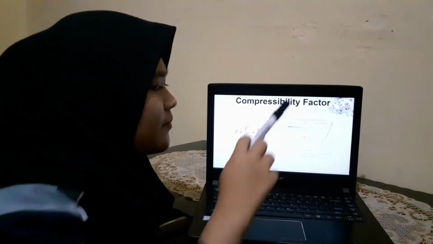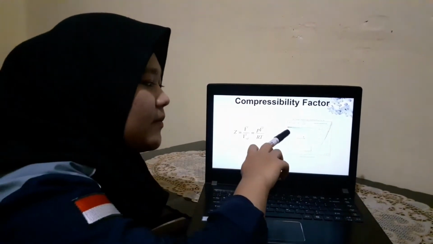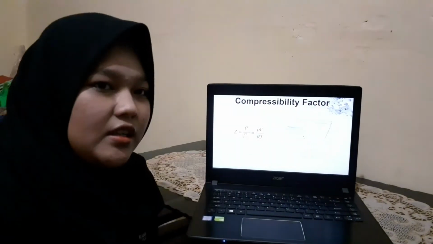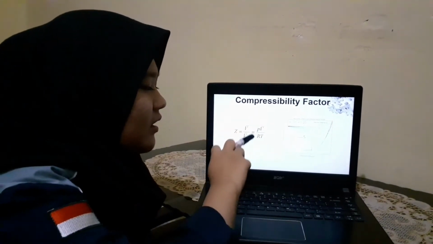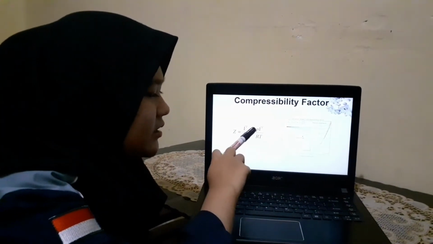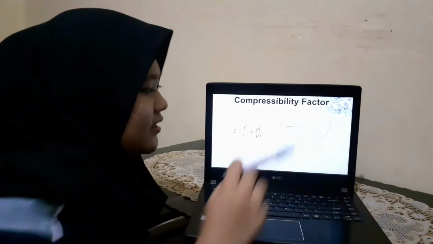This is PV equals RT. So this graph of gases shows the correlation between PV and RT, that is, between pressure, temperature, and volume of the gases.